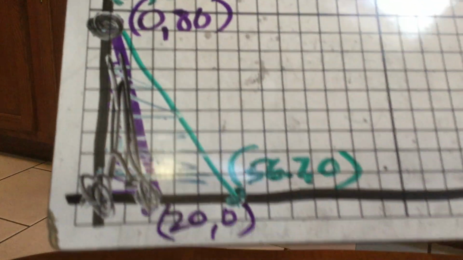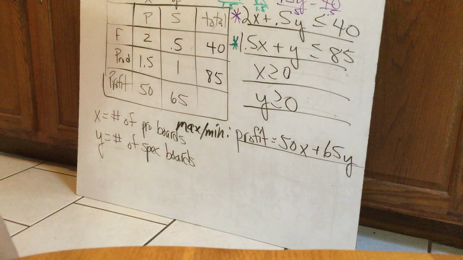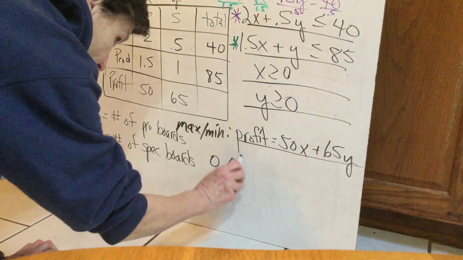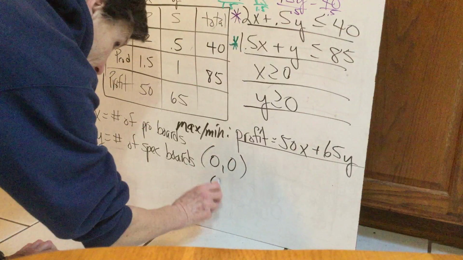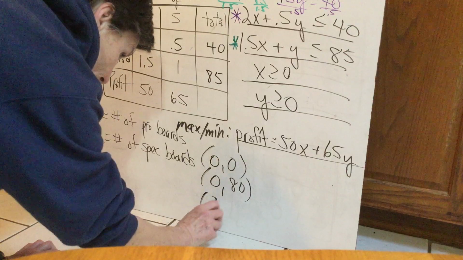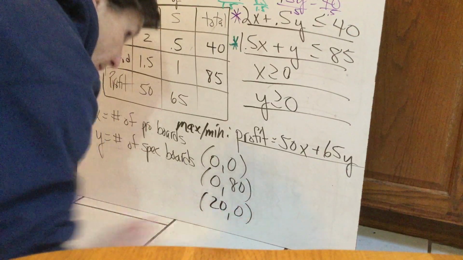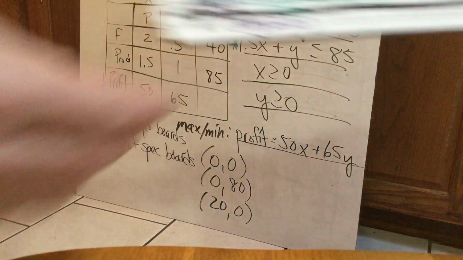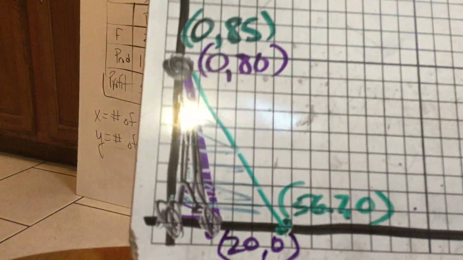What are those points? Well, they're real easy. I don't even have to find them. I have 0, 0. I have 0, 80. And I have 20, 0. Those are the corners of my purple triangle.